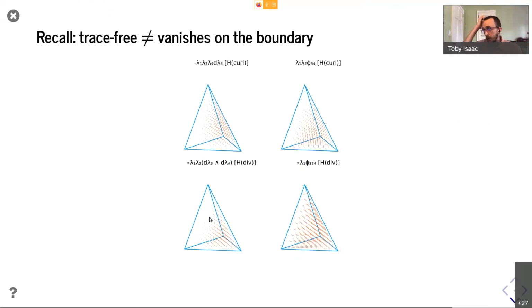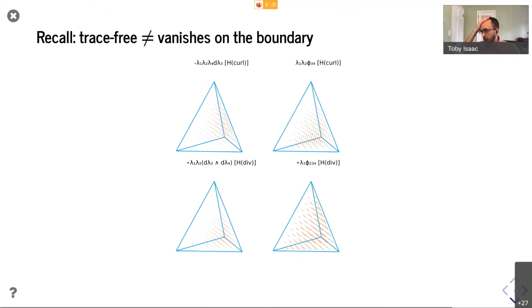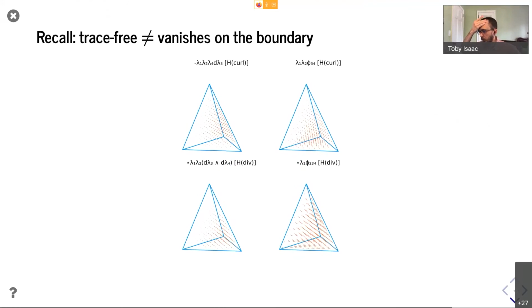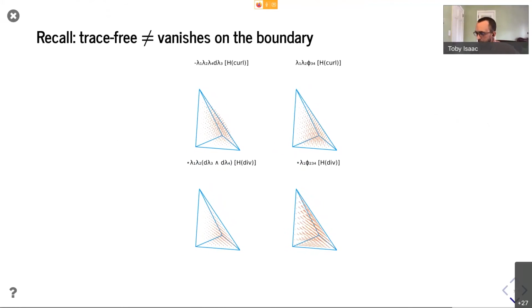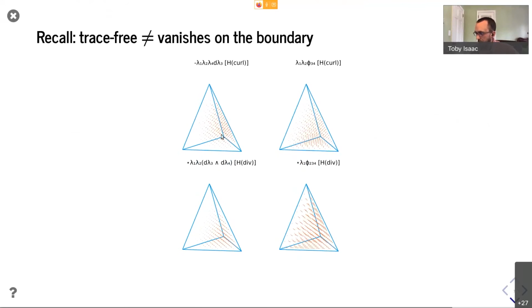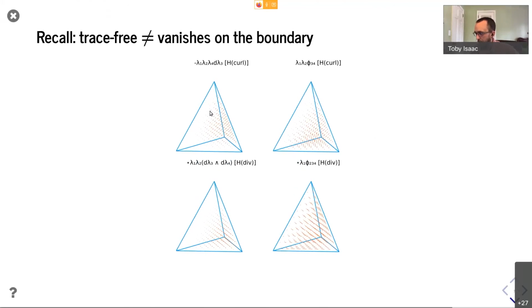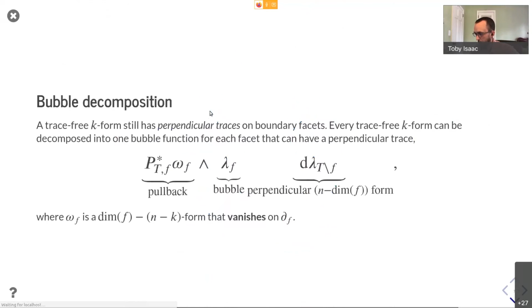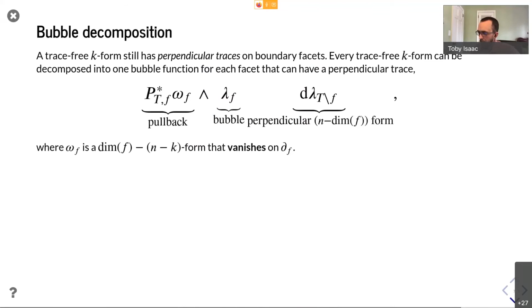So just to very quickly show how we can build a universal extension operator. Recall that things that are trace-free are not necessarily vanishing on the boundary. They can have perpendicular traces. If we take all of our trace-free functions, we can decompose them into portions that have one portion with perpendicular trace for every boundary facet.